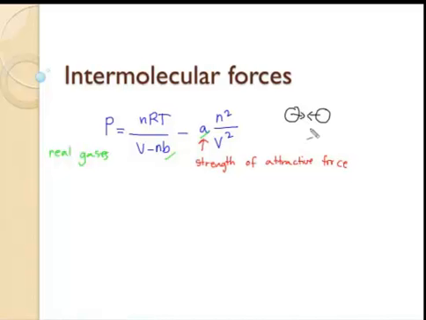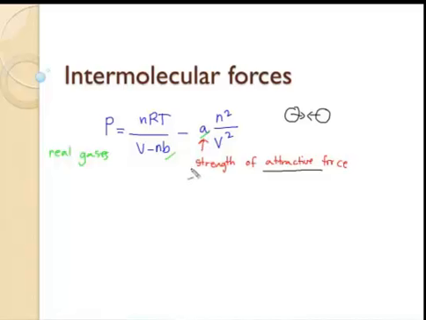Now this happens even for neutral particles or uncharged particles, and we will see the reason why in the next succeeding slides. As the attractive force becomes stronger, this a becomes bigger, the value becomes bigger. Alright, so that's the constant a.